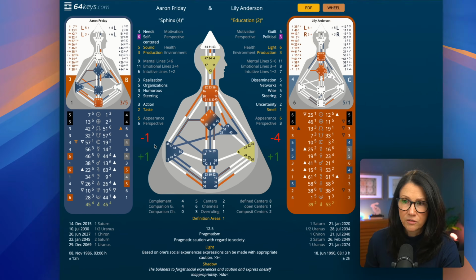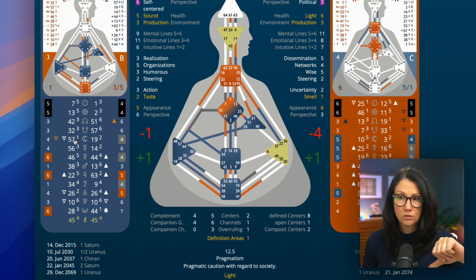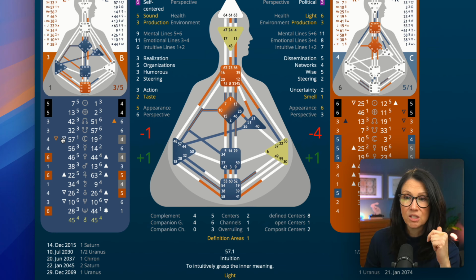This is the amount of the triggerings or fixings in human design. So you know that each gate and line can sometimes be fixed either to the shadow or detriment or to the light or exaltation, like you would see here with Aaron. Aaron has his gate 57 fixed to the detriment, and also Lily is triggering him this activation into the detriment.